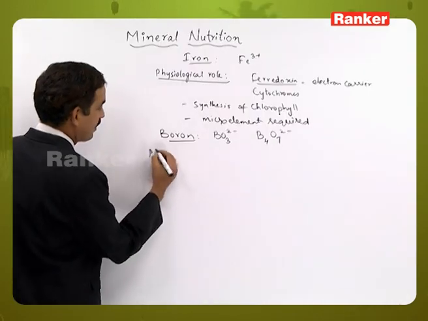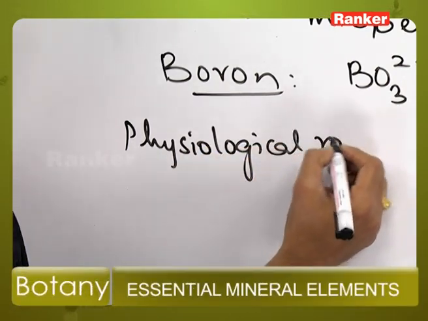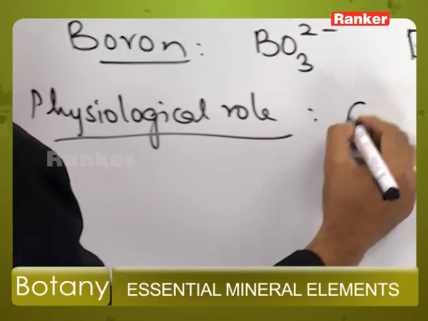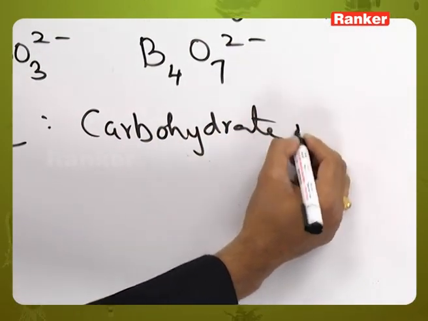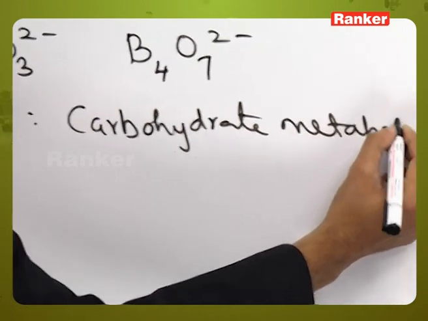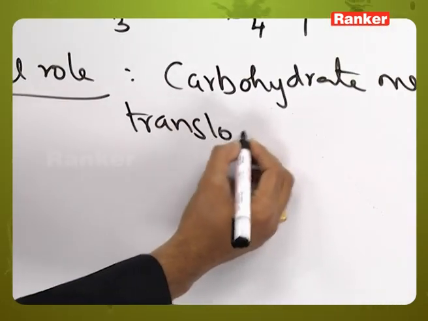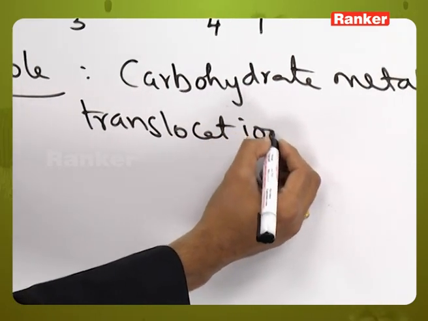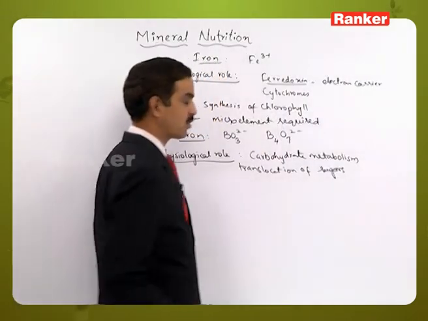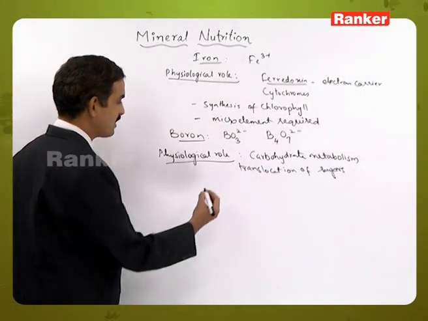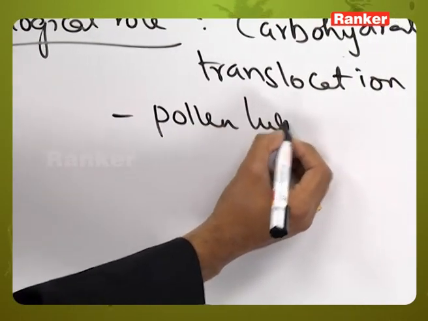If you see the physiological role, boron is useful for carbohydrate metabolism in the plants, and also in the translocation process. The translocation of organic compounds, that is the sugars.